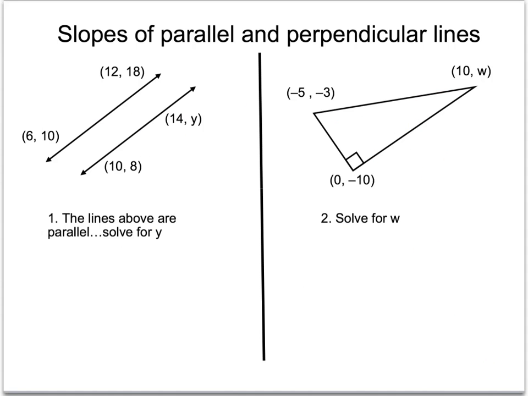Now, once we covered the basics of slope, we got into some more complicated problems. We talked about parallel lines, and we also talked about perpendicular lines. Parallel lines, remember, have slopes that are the same. Perpendicular lines have slopes that are opposite reciprocals.